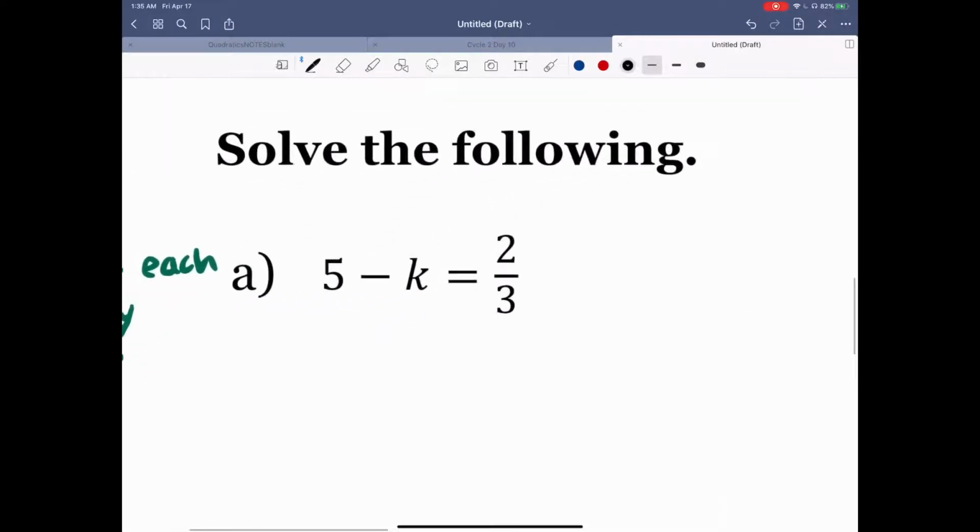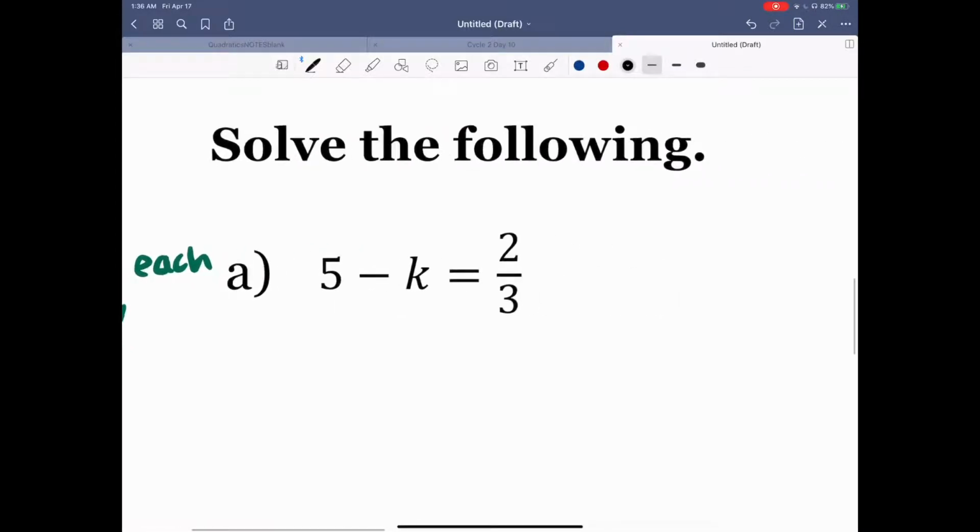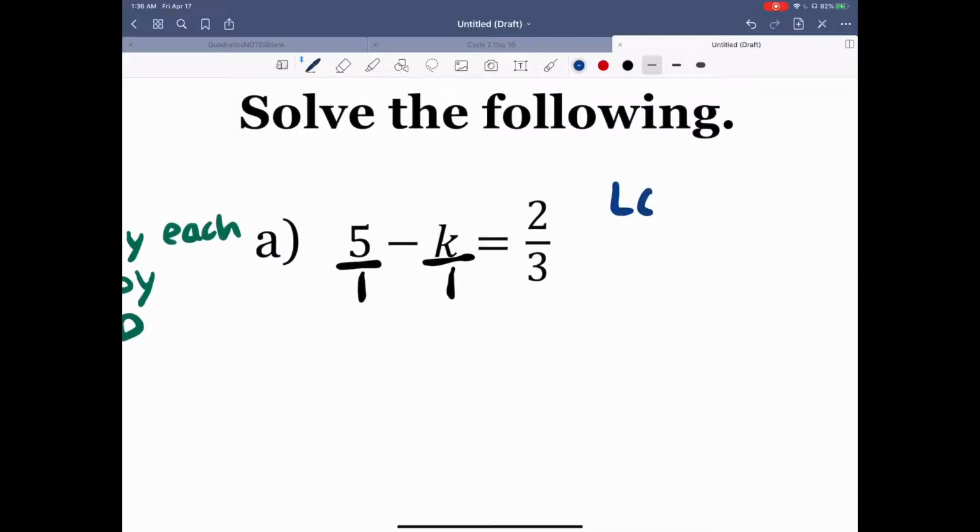So you do need to think of this whole thing, and in this case, you have a denominator of 1 and a denominator of 1. Well, the LCD between 1, 1, and 3 is 3. So you're going to multiply each term by 3.